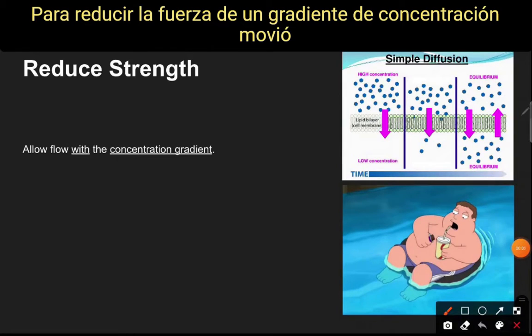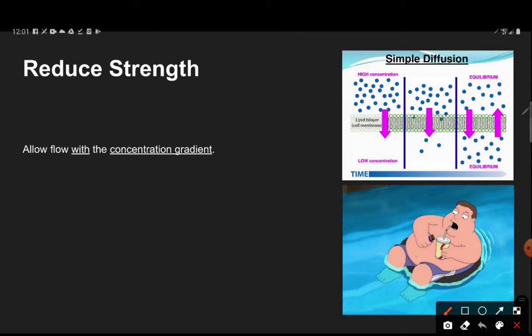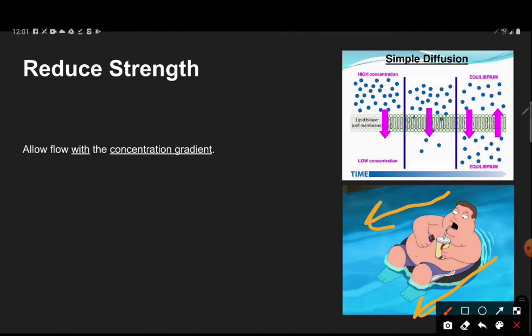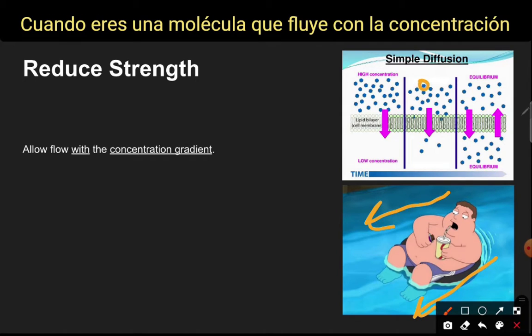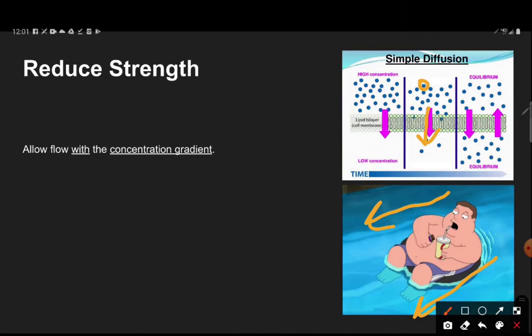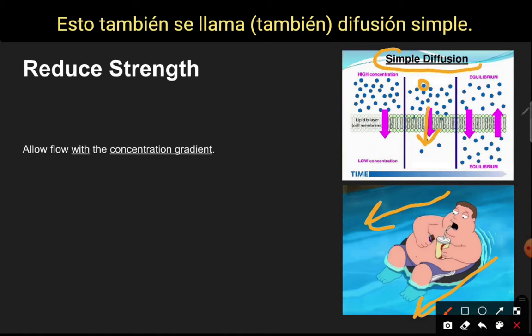To reduce the strength of a concentration gradient, you move with it. Much like this man is flowing with the river, when you are a molecule that flows with the concentration gradient, you are engaging in what is called passive transport. This is also called simple diffusion.